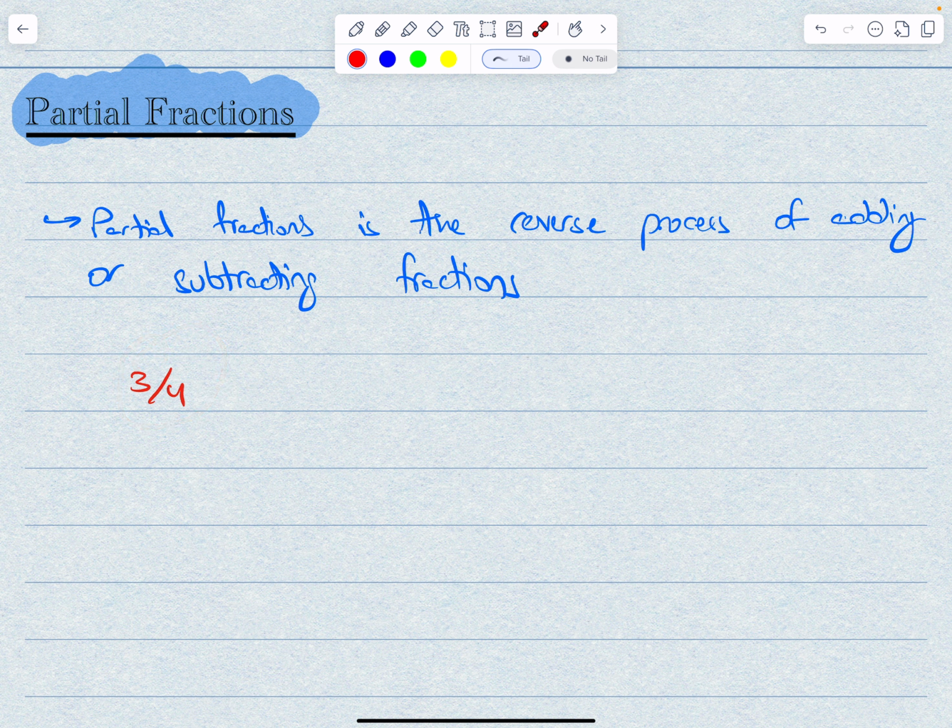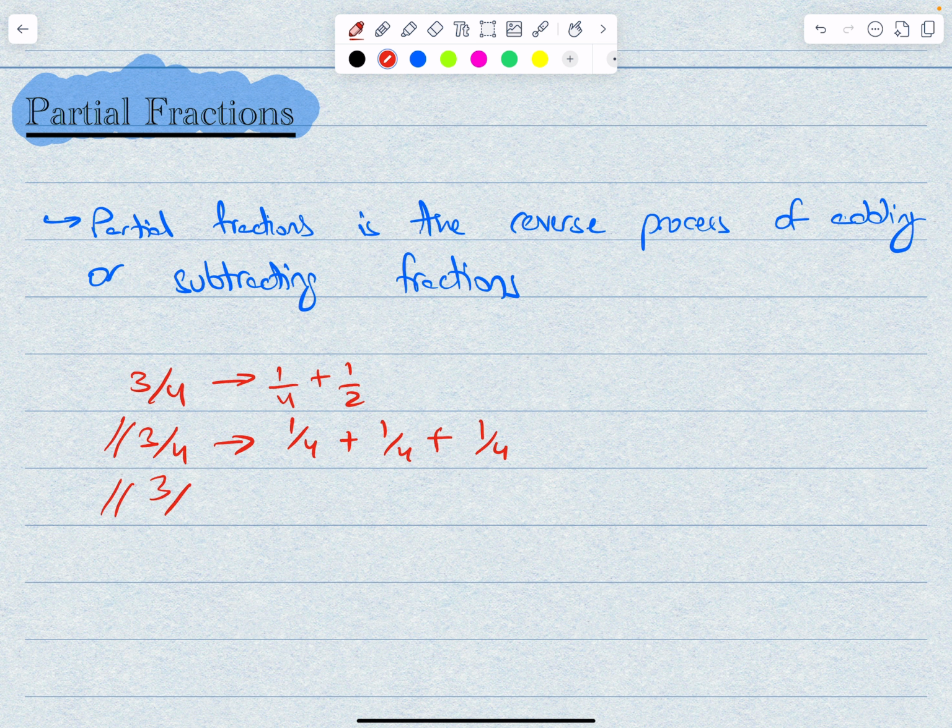In this case, it can be, for example, 1 over 4 plus 1 over 2, or 3 over 4 can also be 1 over 4 plus 1 over 4 plus 1, or it can also be 1 minus 1 over 4. So in this case, I have multiple possibilities.